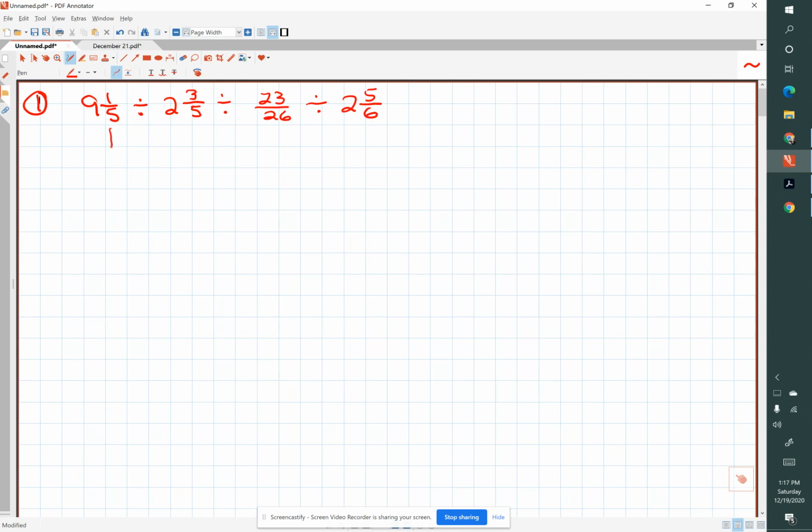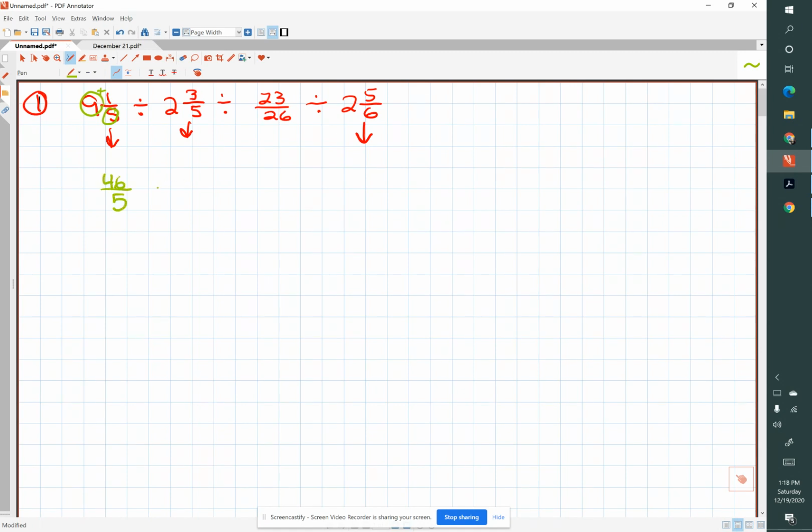Okay, so let's convert these. Our mixed numbers need to be converted to improper fractions. So we'll multiply 9 times 5 is 45, plus the numerator 1 is 46 over 5.